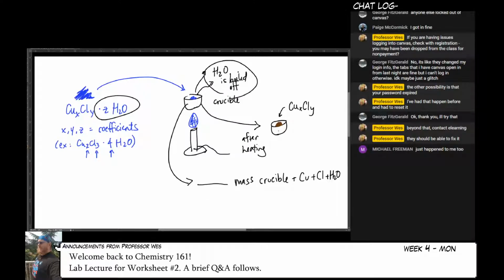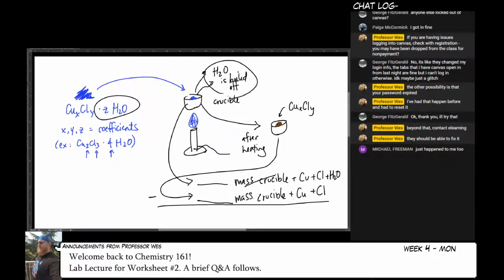This right here, that's not going to be a good line. Hold on. We'll go like this. This will be the mass of the crucible, because that's still there, and the copper, and the chlorine. But the water is gone. So what we'll do is we'll just subtract these two. So minus.